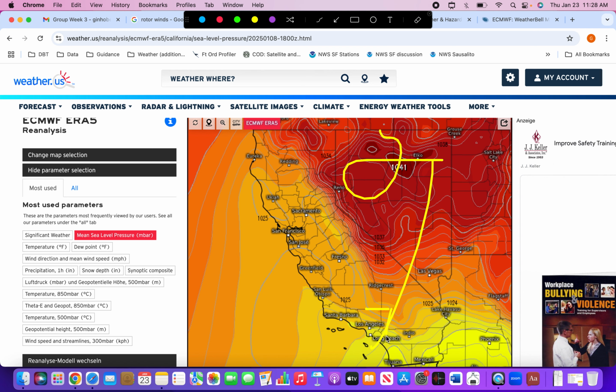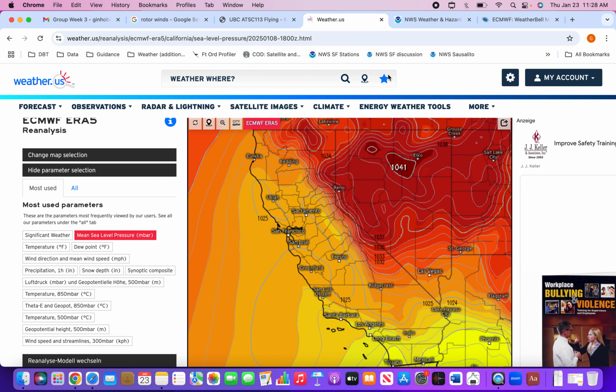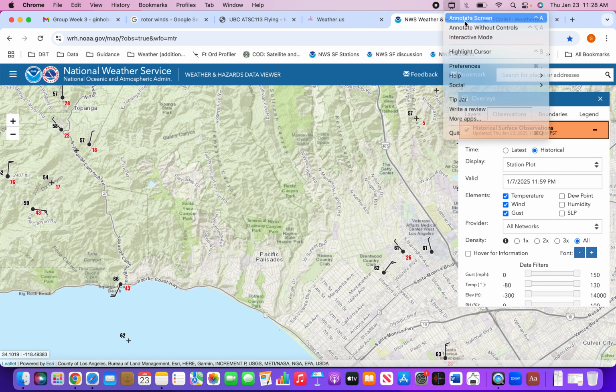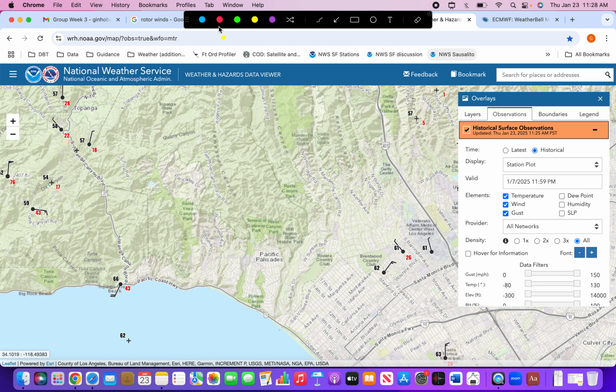Further north, so it's more of a northerly gradient. That is why these specific regions, such as the Pacific Palisades, were more affected, because the gradient was mostly out of the north. If the gradient were out of the east, this would not be an issue, because an east wind is not blasting down these canyons.